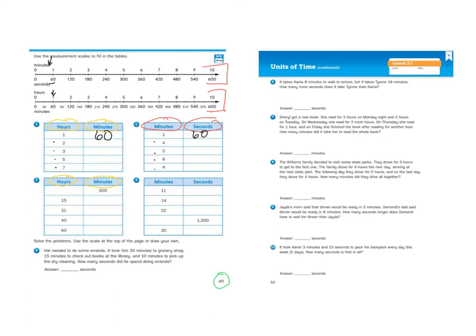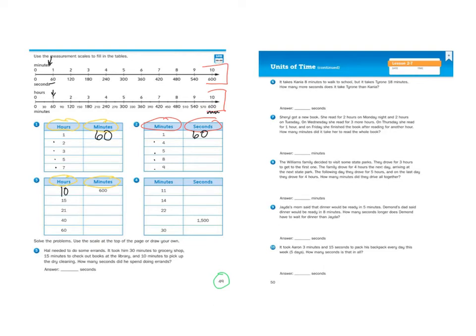Now here, we need to fill in the hours. Let's see, how many hours equals 600 minutes? Is it on my scale? I notice here that there's 600 minutes. How many hours is that? 10.